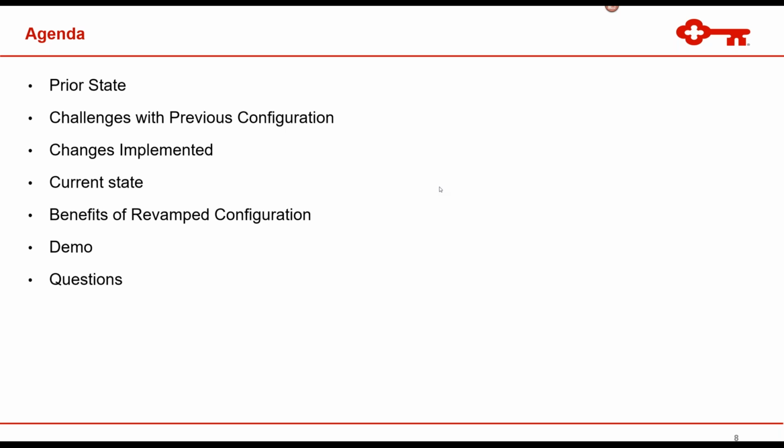One thing I will also add as part of level set is the focus today is really on how we configured and the way we set up request types. It's less about all of the processes and controls and standards that we put in place as an organization to support those. But that certainly was also a big part of the revamp.